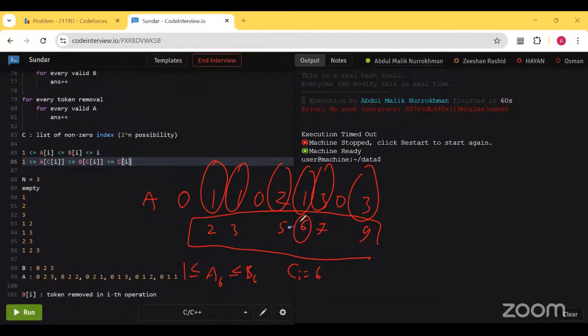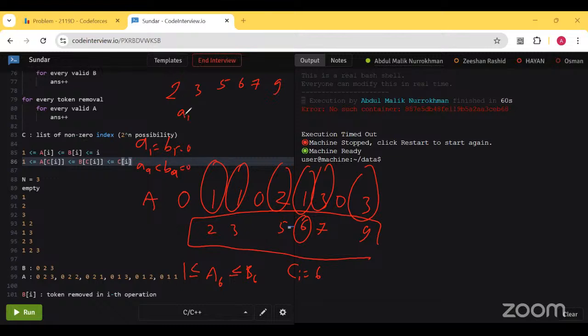So for each index that is non-zero, initially we want to consider which indices will be non-zero. For example, let's consider these indices are non-zero and the others are 0. So it means A1 and B1 are 0, A4 and B4 are 0.